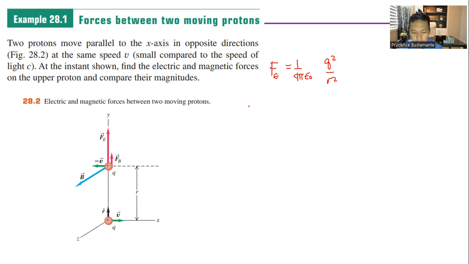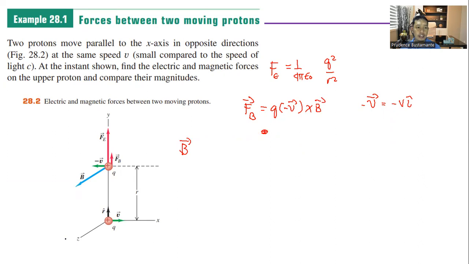From the definition, the force F_B is equal to Q times V cross B. The velocity of the upper proton is negative V, so V is equal to negative V i hat. However, you need to find first what is this B before you can find the force.